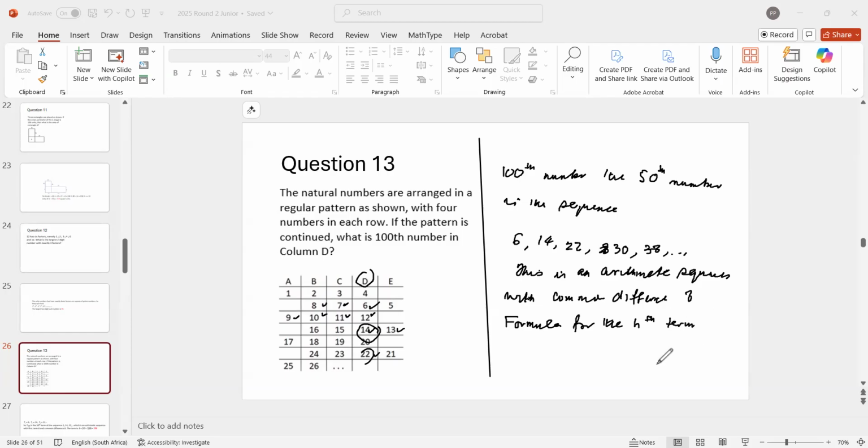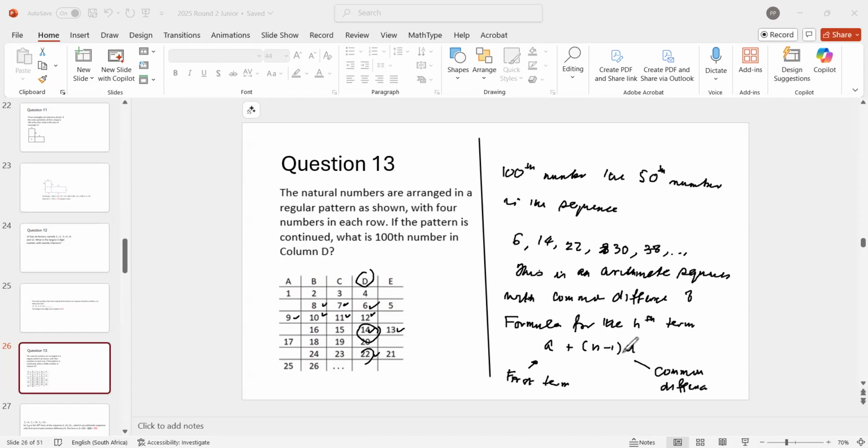The nth term of an arithmetic sequence is A plus (n minus 1) D. That's the formula where A is the first term and D is the common difference. So we're looking at, we know n is 50, you see.